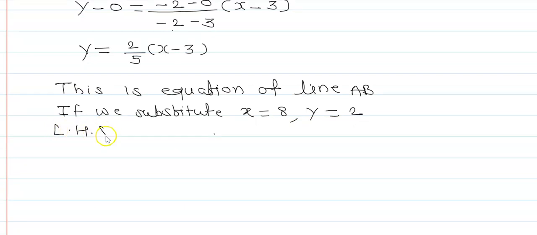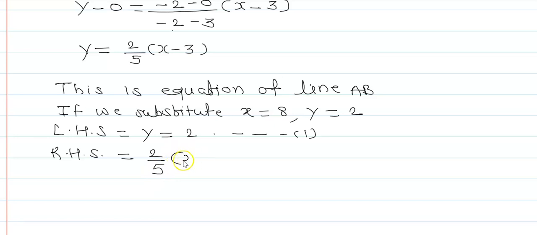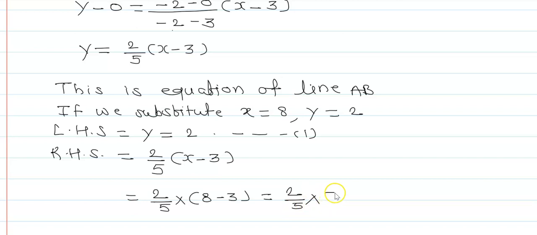LHS is y, and that is equal to 2. What about the RHS? RHS is 2 by 5 in bracket x minus 3. Put here x is equal to 8: 2 by 5 into, in bracket, 8 minus 3, that is 2 by 5 into 5, and that is equal to 2.